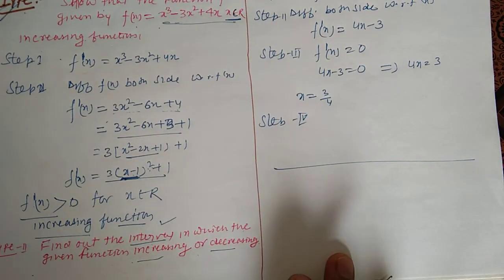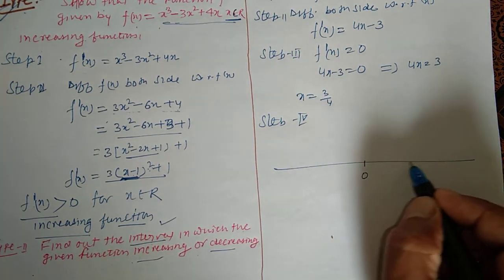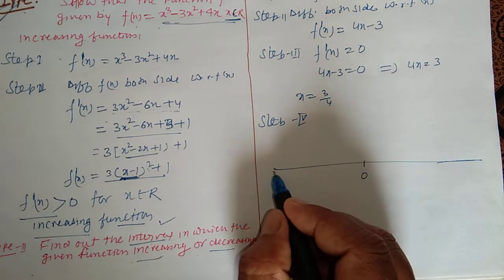So let us draw a number line with 0, positive and then negative.